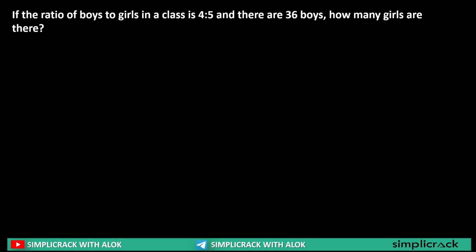Okay. Now the question: if the ratio of boys to girls in a class is 4:5, and there are 36 boys, how many girls are there? Boys to girls can be written as boys is to girls, or as boys by girls.